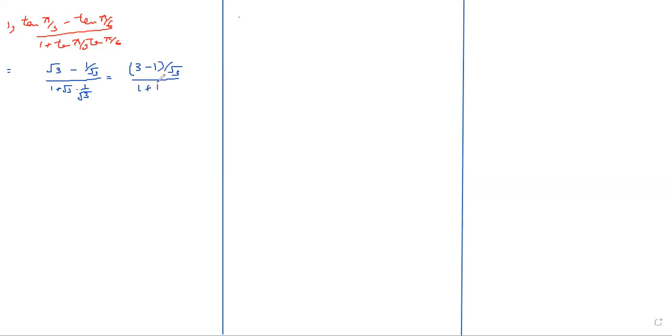So it is equal to 2 over root 3 divided by 2. This 2 got cancelled with this. We are left with 1 over root 3, which is the answer.